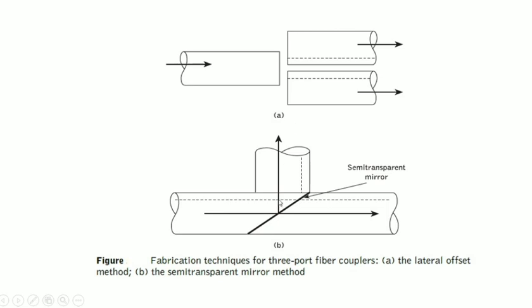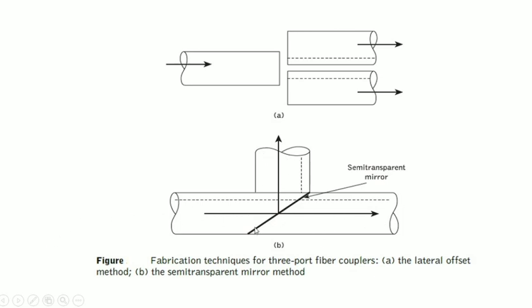The second one is the semi-transparent mirror method. As the name indicates, we are applying a mirror. Here a partially reflecting surface is applied, which we call a semi-transparent mirror. This is port 1, this is port 2, this is port 3. The signal is coming from the input port here.